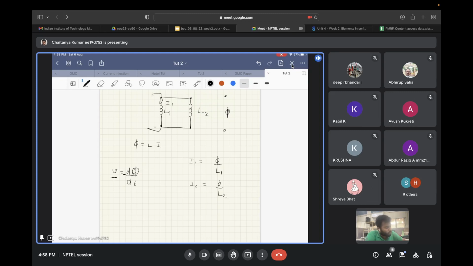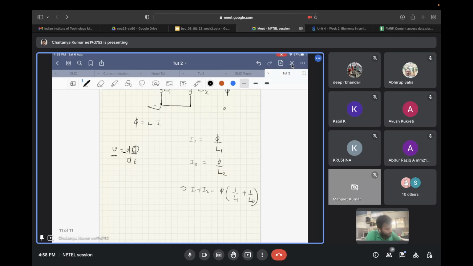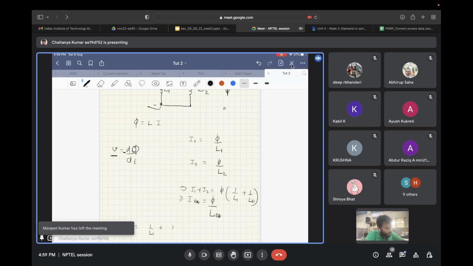The total current flowing through this network is I1 plus I2, so I1 plus I2 is equal to phi times 1 by L1 plus 1 by L2. This is equal to some I equivalent, which is phi divided by L equivalent. So 1 by L equivalent comes out to be 1 by L1 plus 1 by L2.